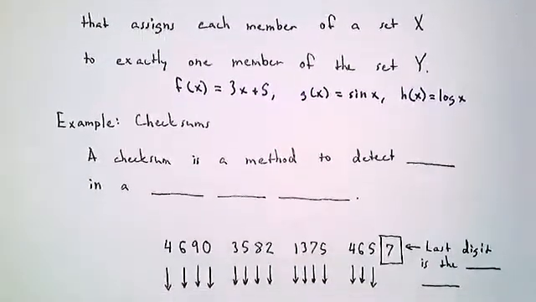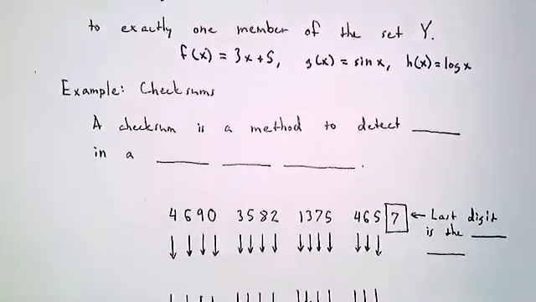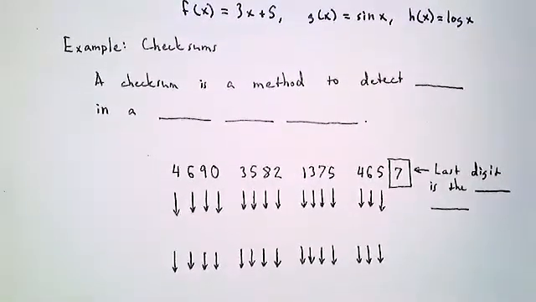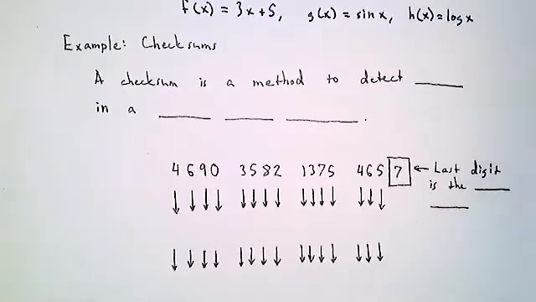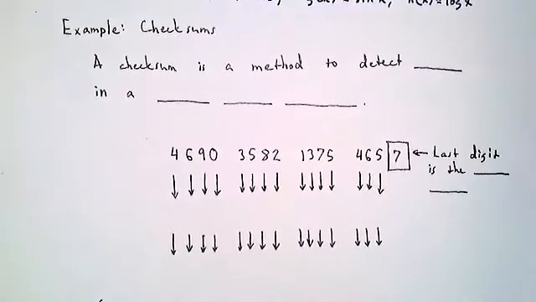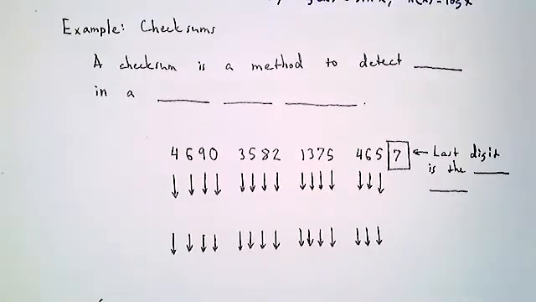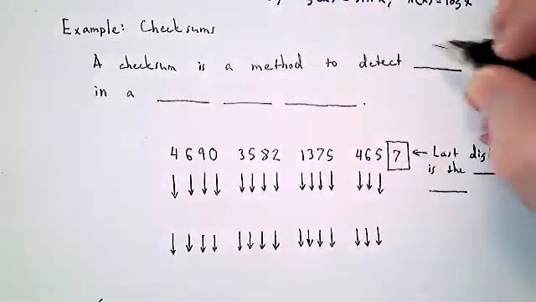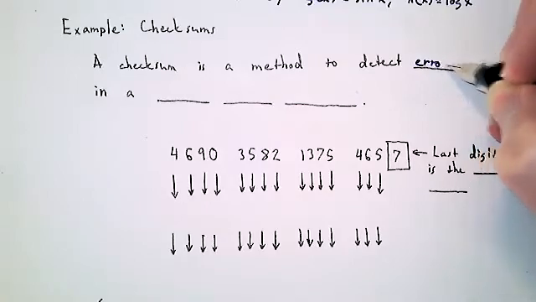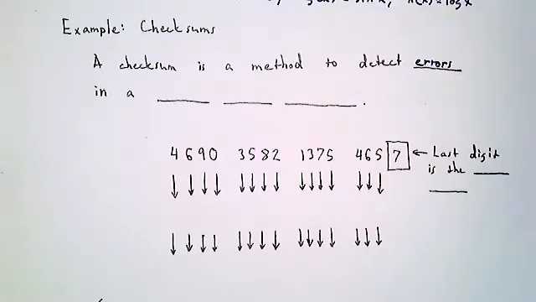And this example of a checksum is a common sort of thing that a computer programmer or website developer will have to do in order to take a credit card number and to see if it's actually a real credit card number. So a checksum is a method to detect errors in a credit card number.